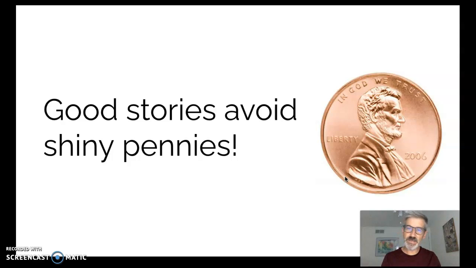So a shiny penny is basically anything in a story that looks pretty but probably isn't necessary. You see this a lot with gratuitous scenes. Gratuitous violence or gratuitous sex, for instance, are things that bad storytellers include. This is not to say that stories can't have violence and sex in them, but if they're done simply to titillate their audiences as opposed to leading towards the story or contributing to it, then they should be avoided. Those would be shiny pennies.